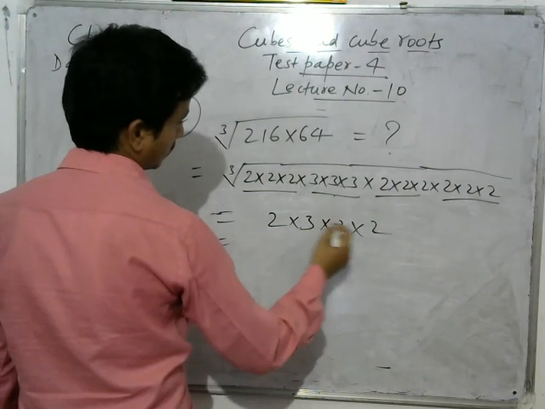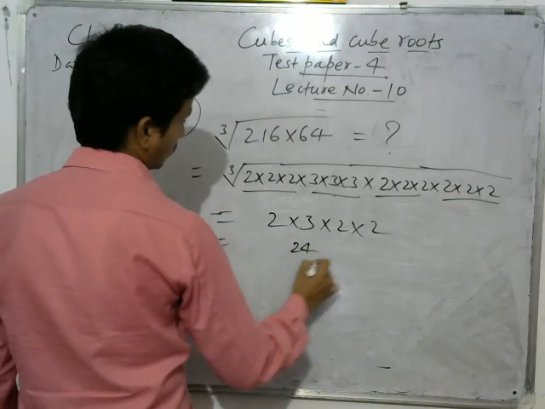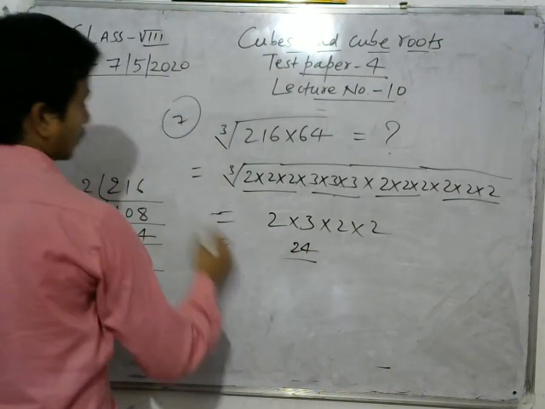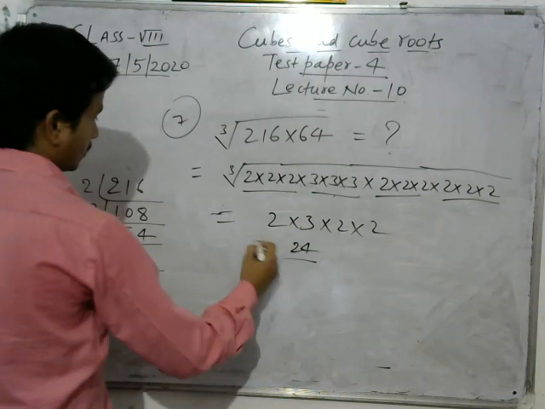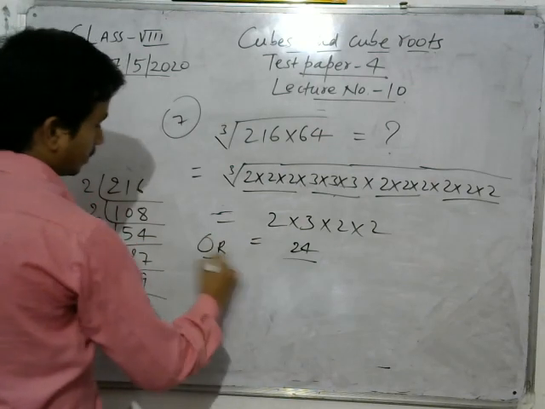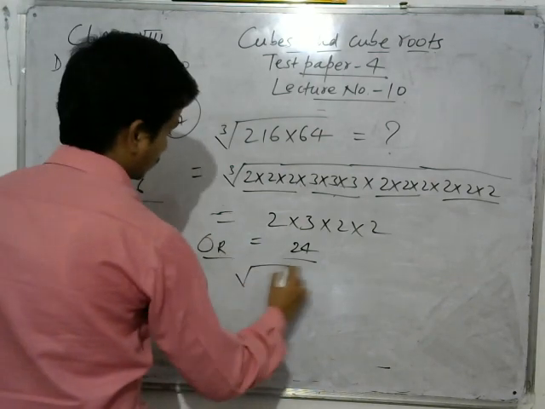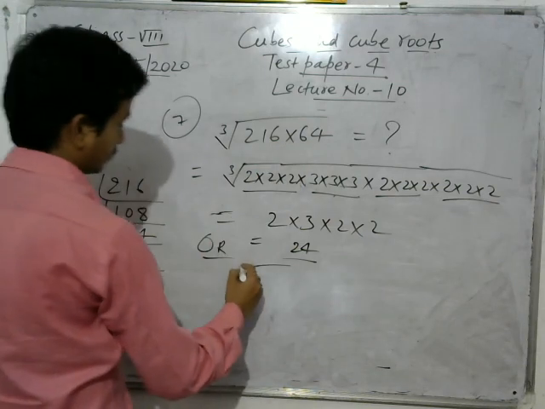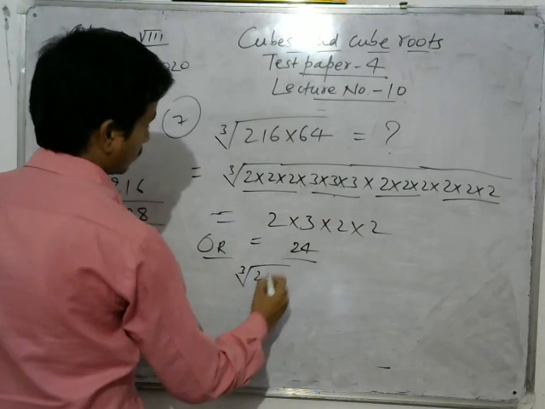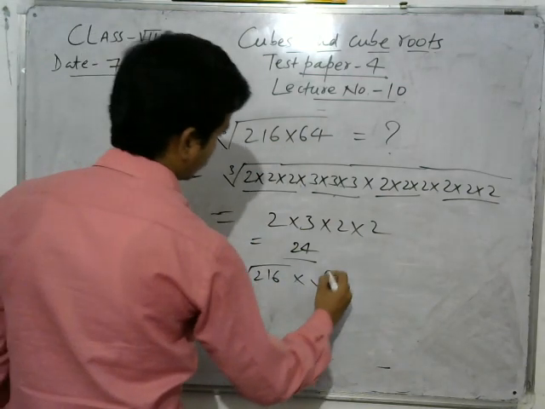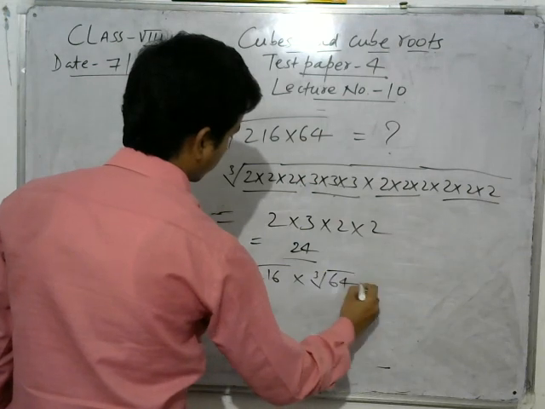2 times 3 is 6, 6 times 4 is 24. 24 is the answer. Or you can solve it like this: cube root of 216 into 64 will be equal to cube root of 216 into cube root of 64.